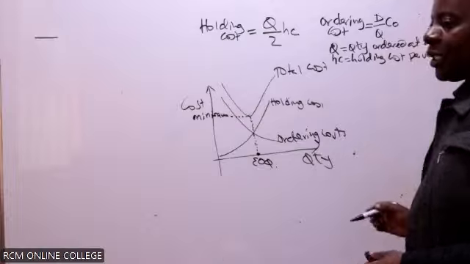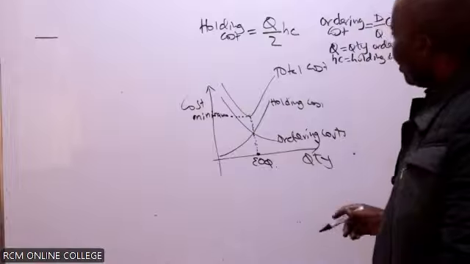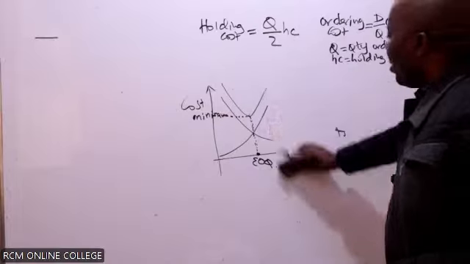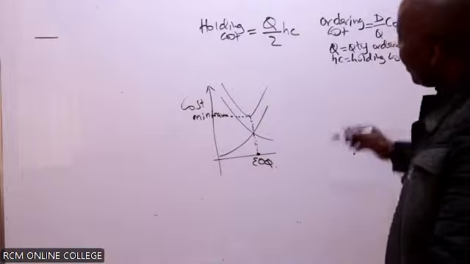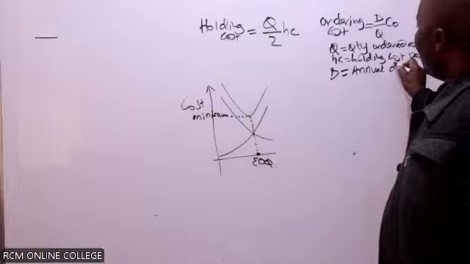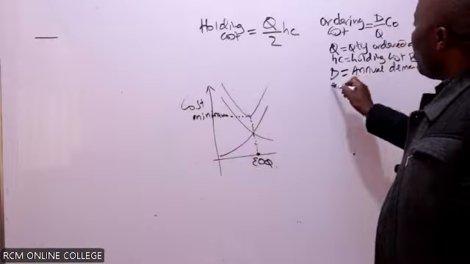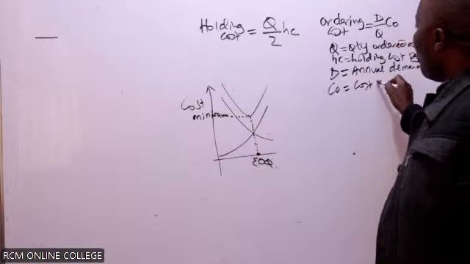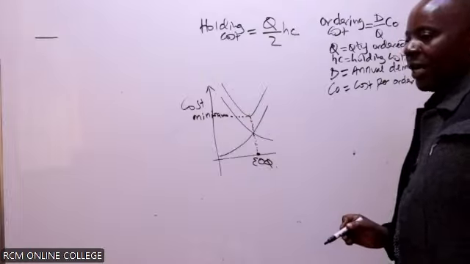And then we have D, which is the annual demand. CO is cost per order.